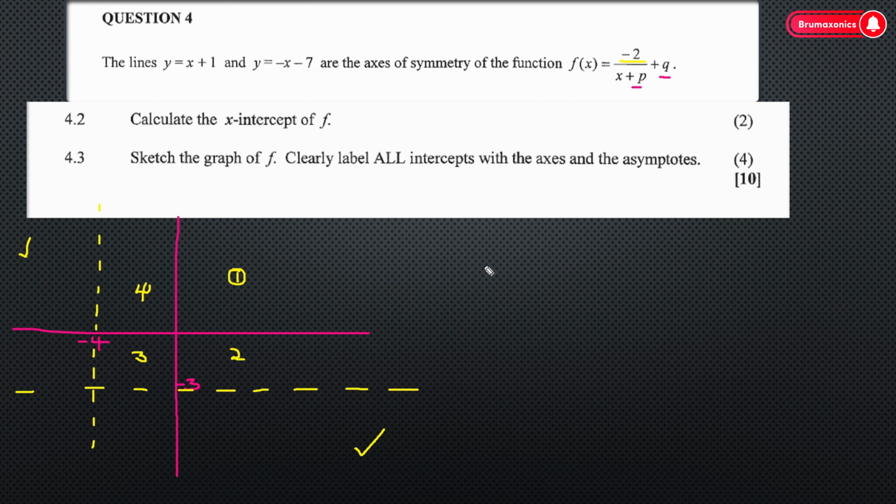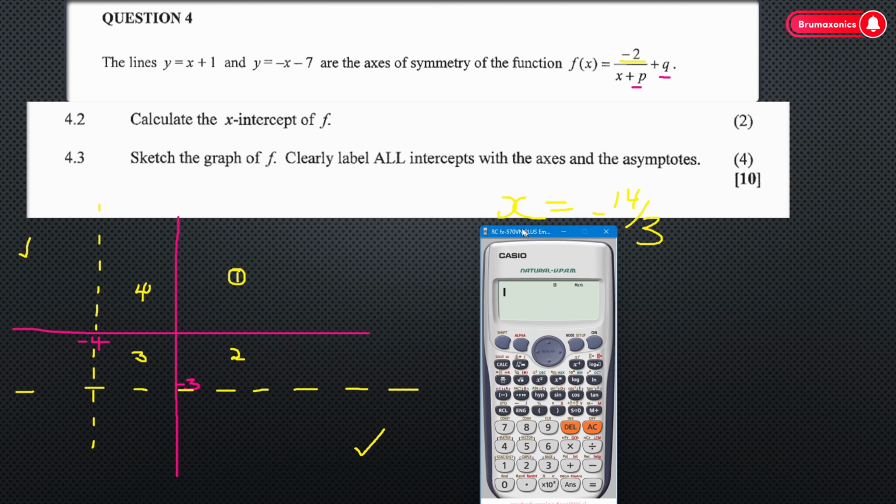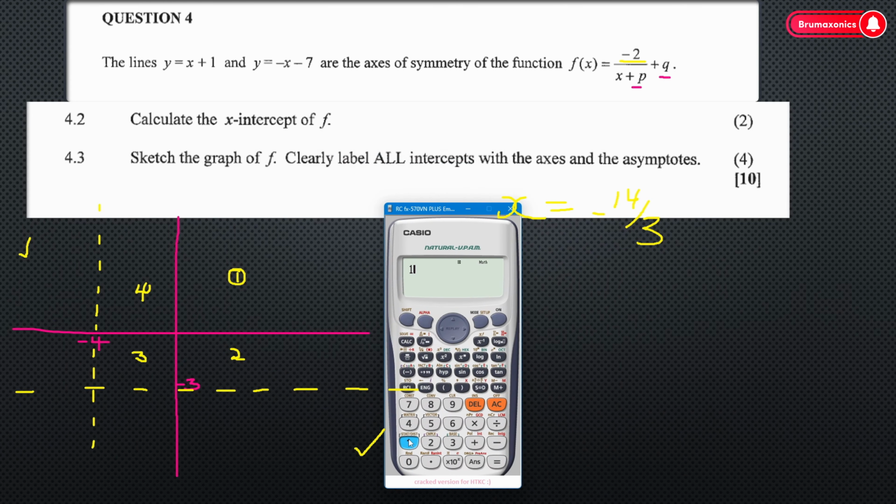Okay, so we do have x equal to negative 14 over 3. I just want to see where we can get that. So negative 14, divide by 3, this will give us what?